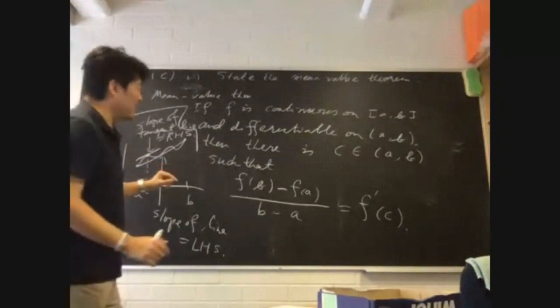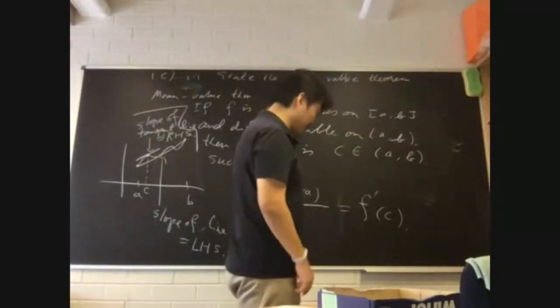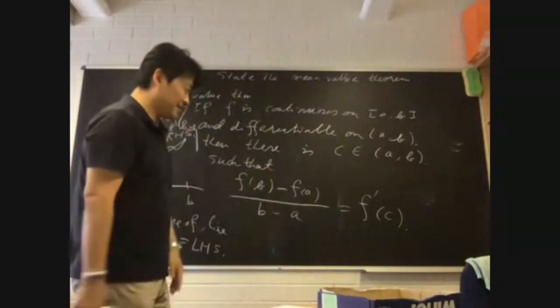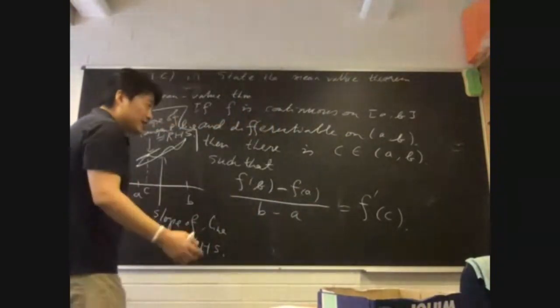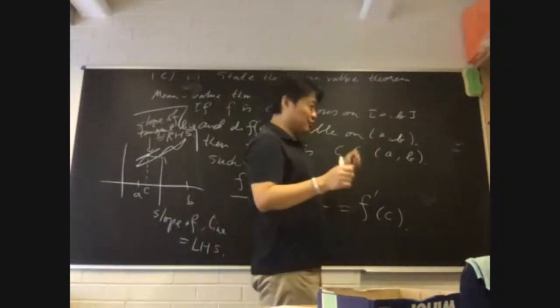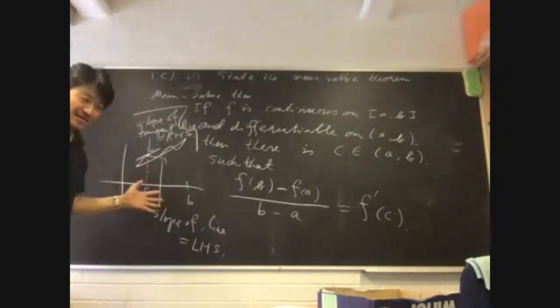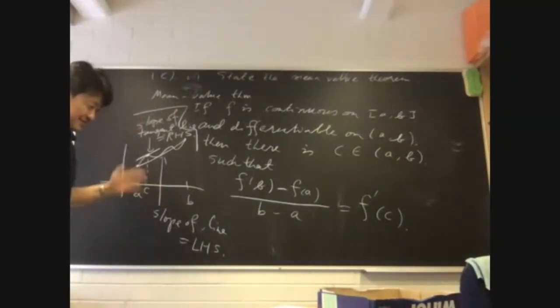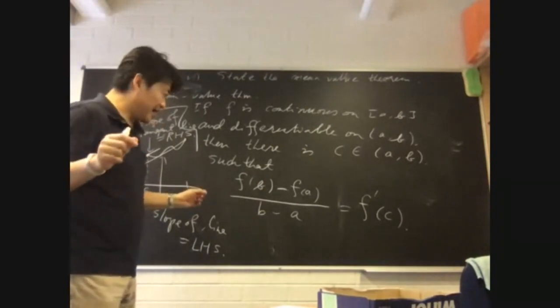The conditions are obviously all important. The function needs to be differentiable on the interior of the interval, because otherwise f prime doesn't make any sense. Continuity is of course important. You need continuity at the endpoints as well. So the function needs to be continuous on the closed interval and differentiable on the open interval. It doesn't have to be differentiable at the endpoints.